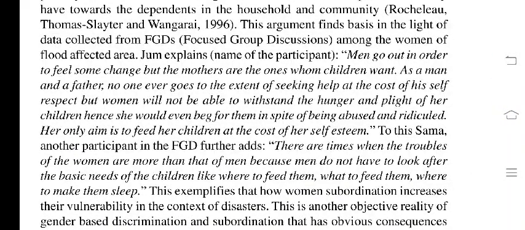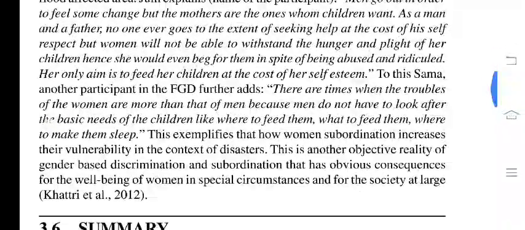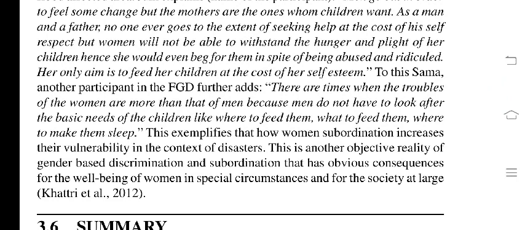To this, Sama, another participant in the FGD, focus group discussion, further adds, there are times when the troubles of the women are more than that of the men, because men do not have to look after the basic needs of the children, like where to feed them, what to feed them, where to make them sleep.